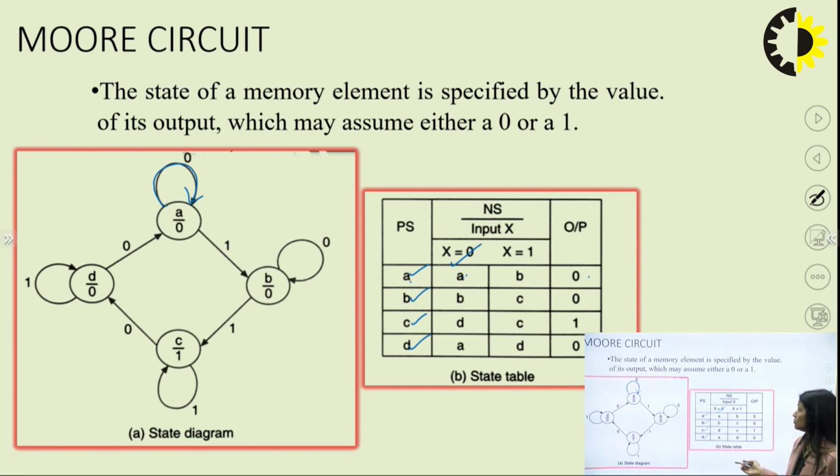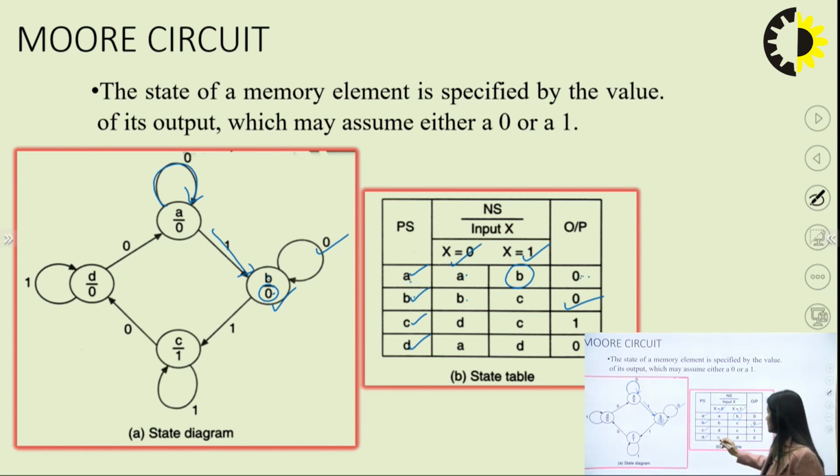Now, coming to the B state, output is 0 and input is 1 and next state is B. In the same manner, from B to B, input is 0 and output is 0.